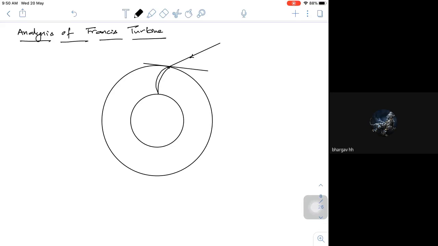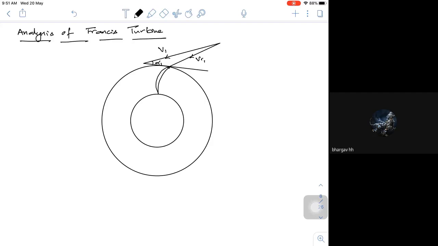I can draw it another way also. This will be my V1, this is my VR1, and this is my alpha 1.